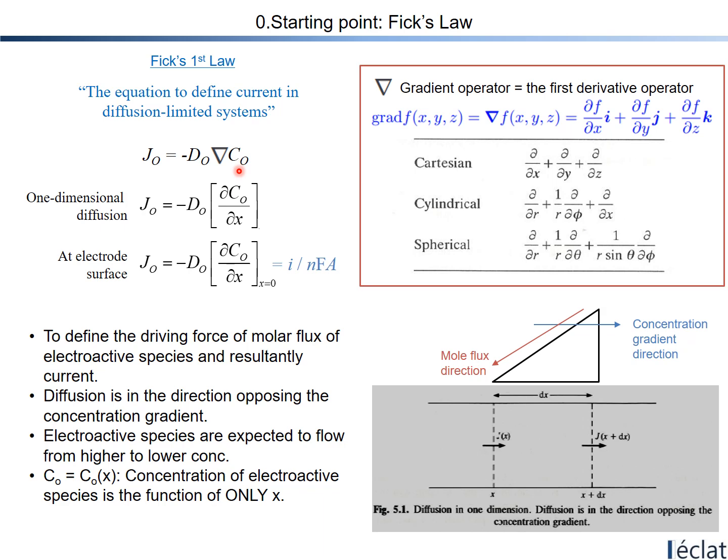This symbol, pronounced as del, is the gradient operator, which is the first derivative operator. That is to say, the gradient of a scalar function f of xyz, del f of xyz, is the first derivative of function f with respect to x and y and z for Cartesian coordinate systems.